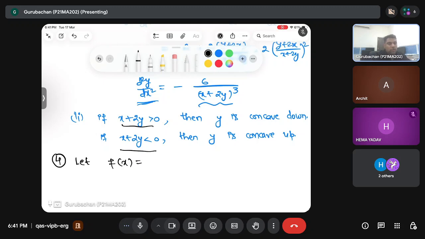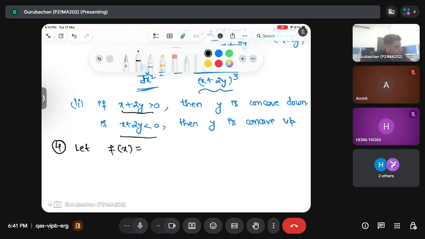Okay. So the next one is, we have given a piecewise function: x cube when x is less than 0, and another curve, ax cube plus bx square, when x is greater than 0.